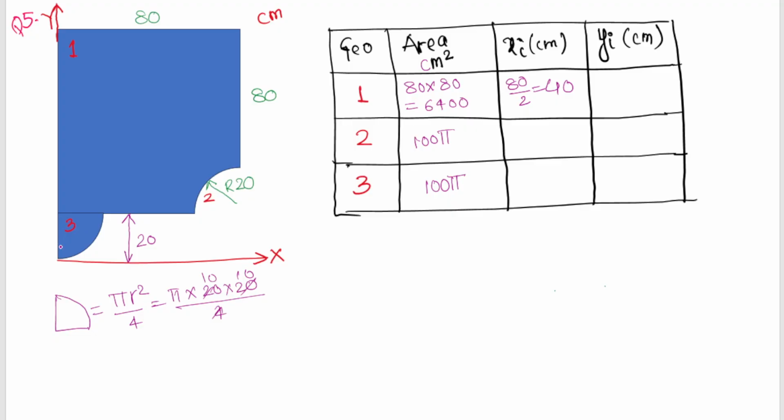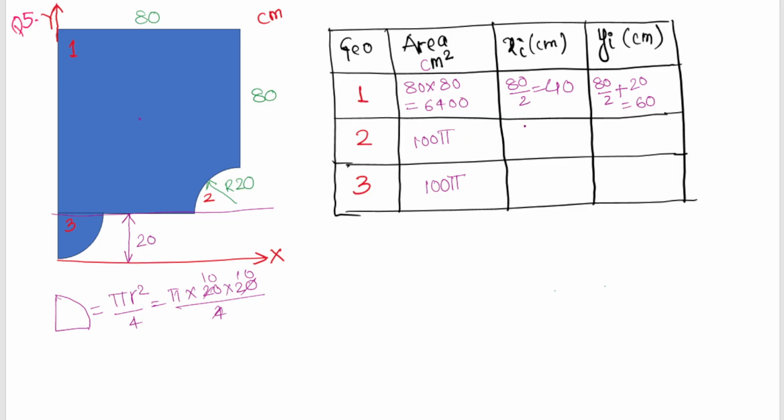So radius is going to be 20. So now first try to find out the location of the centroid with reference to its own extreme axis. So if height is 80, my location is going to be half of the height, that is 80 by 2, and then measure the distance between the extreme reference axis of the entire geometry and the bottom side of the geometry. So this distance is 20. So this gives us a distance of 40 plus 20, 60 centimeter.